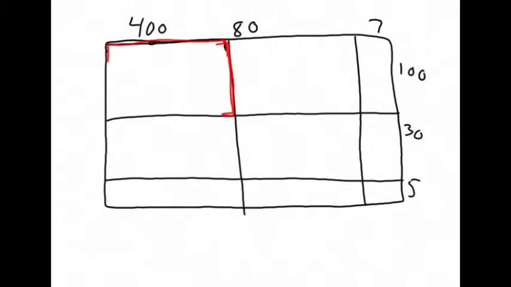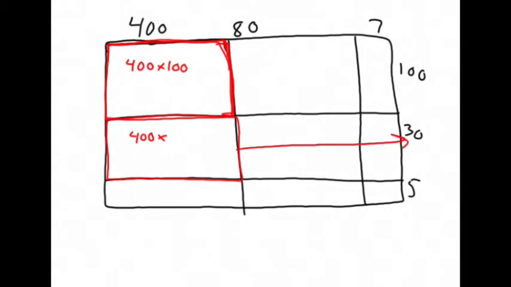Okay? So since there's 400 across the top and 100 along the side, these are the dimensions, 400 times 100, that go inside of this red rectangle. I'm going to move down to the next red rectangle, and I know that there's still 400 across the top, but this time along the side, I look over here and I see it must be 30 tall.